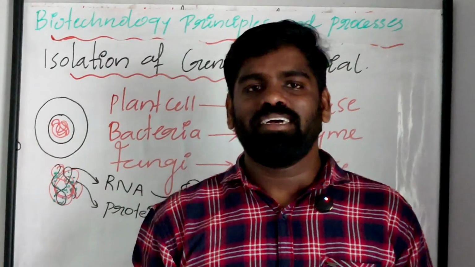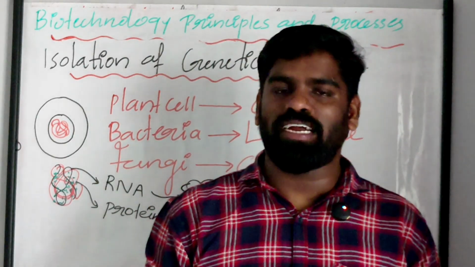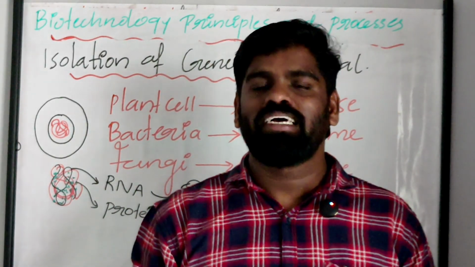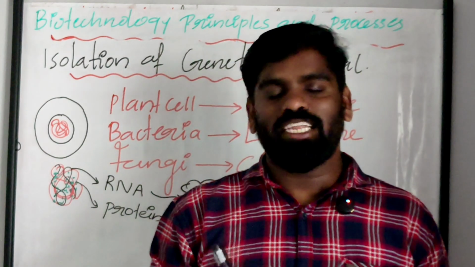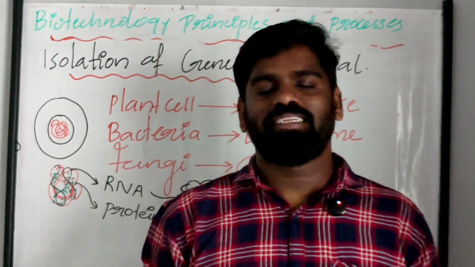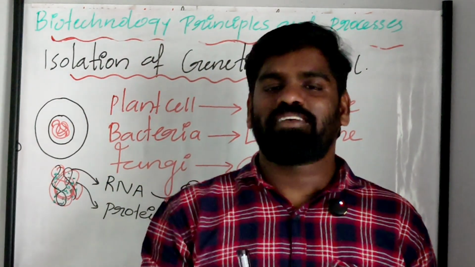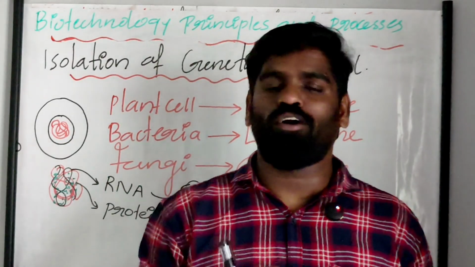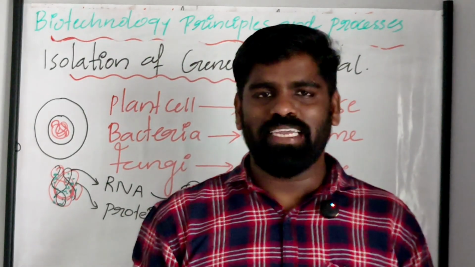Next is introduction of vector into the host organism, then culturing of host organism, and the last step is extraction of desired product. Okay, so these are the major steps.